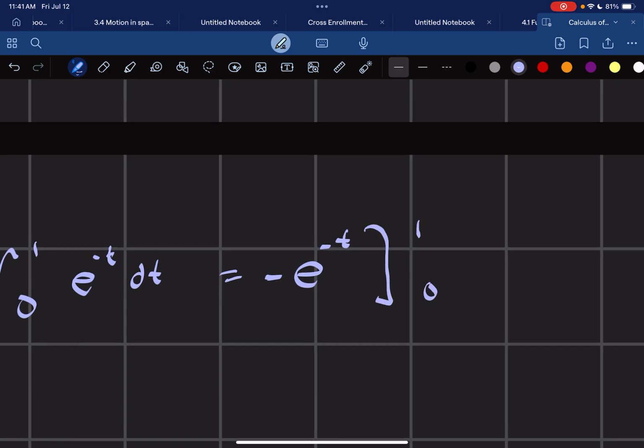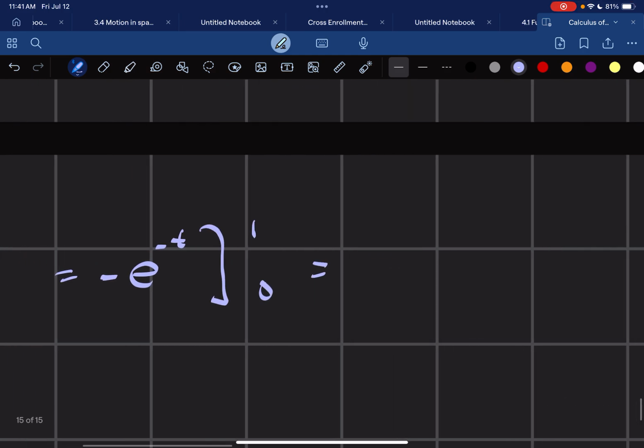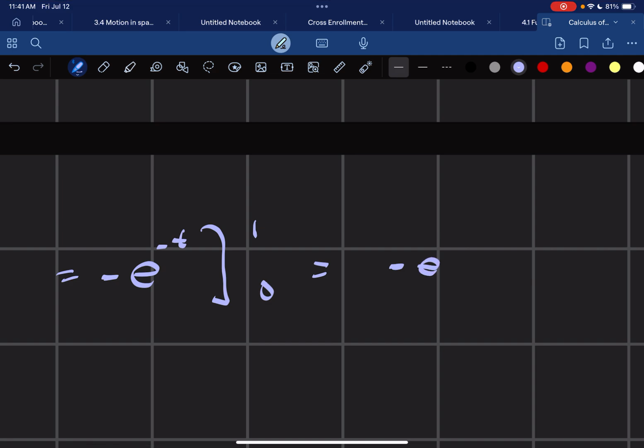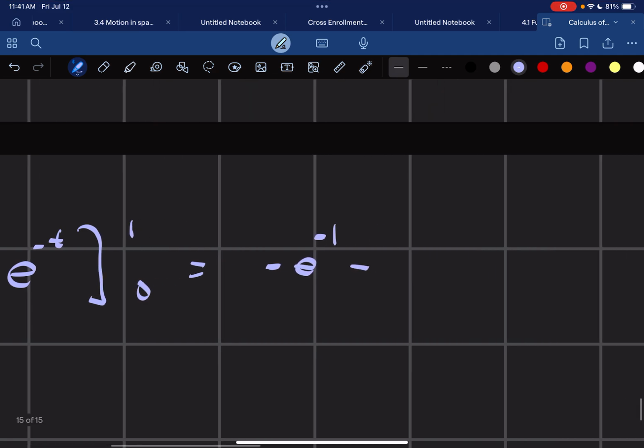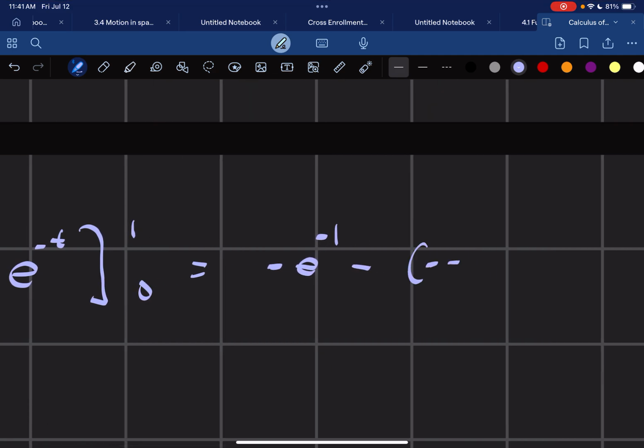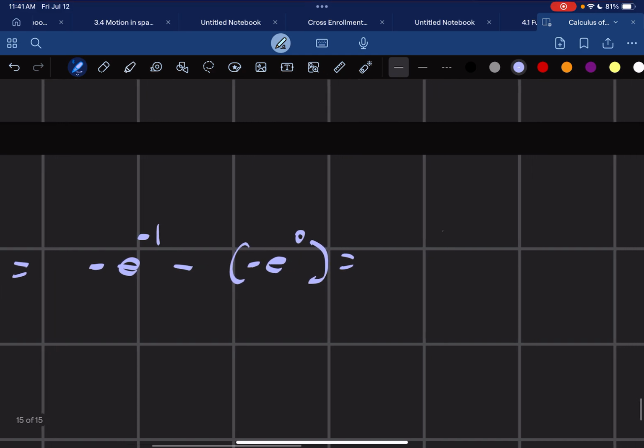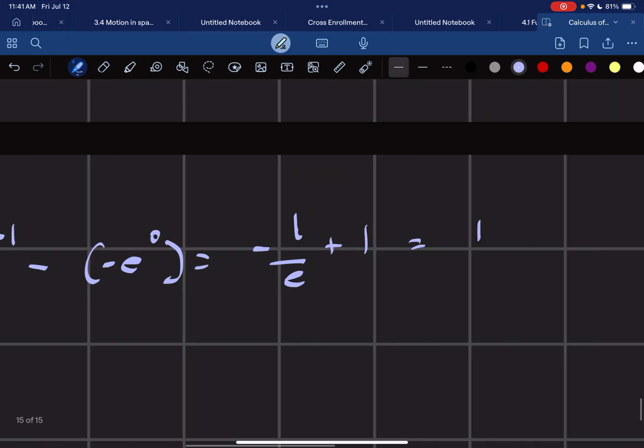That would equal negative e to the power of negative 1 minus negative e to the power of 0. That would equal negative 1 over e plus 1, so that equals 1 minus 1 over e.